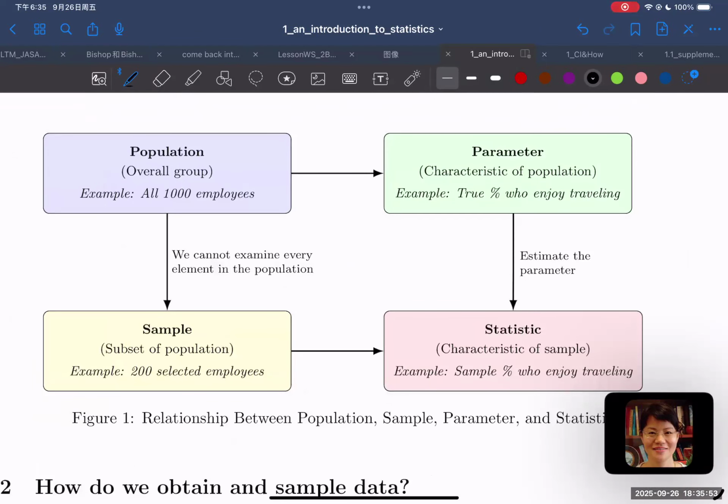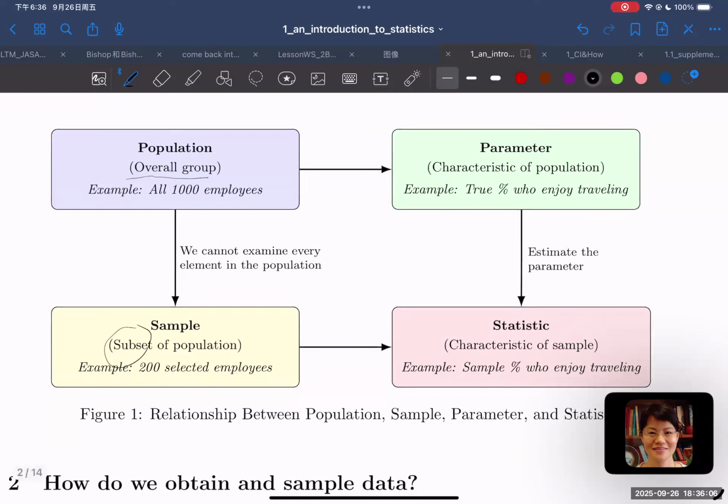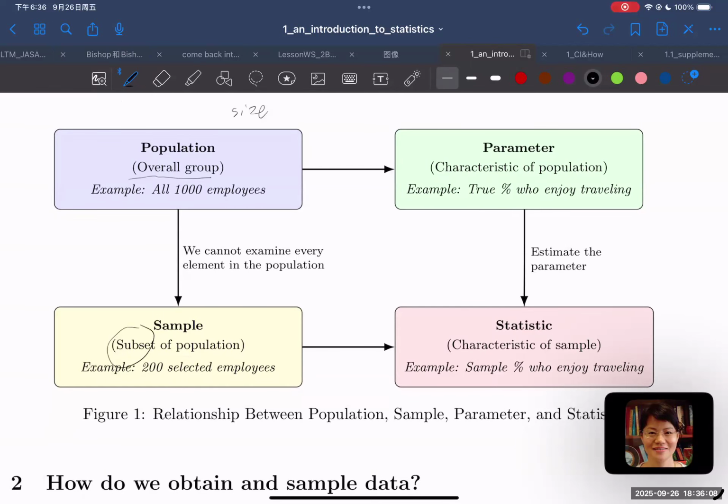relationship between them. For population, that means this is the overall group, right? And then sample just means you find a subset. For example, if you have x1 to xn, so here n just means the sample size. Yeah, but in some situation, sample size has a special meaning, okay?